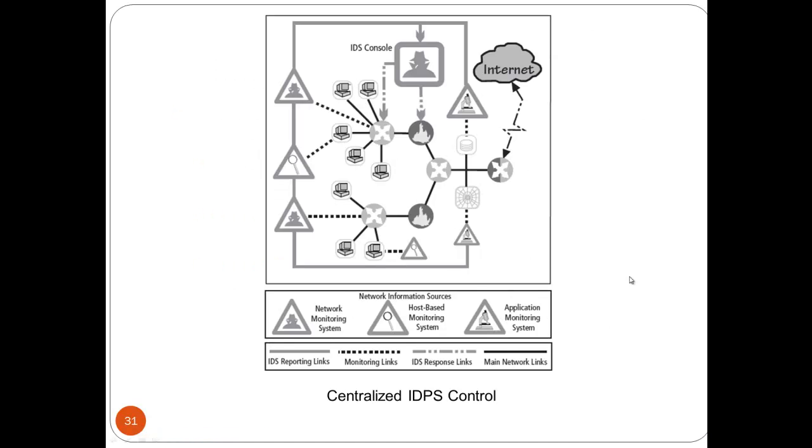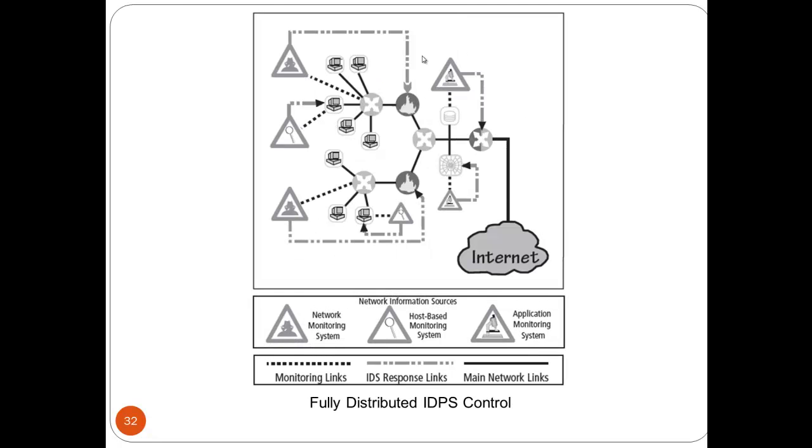Here's a graphical depiction of a centralized intrusion detection system, and you can see that there's a council, an intrusion detection management council, which collects all the information from the variety of sources. Here's fully distributed, where each individual sensor is dealing with its own network segment.